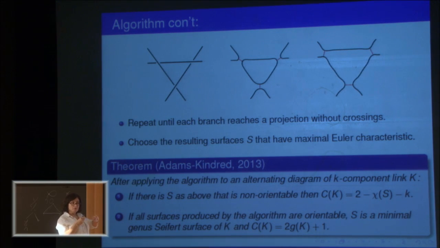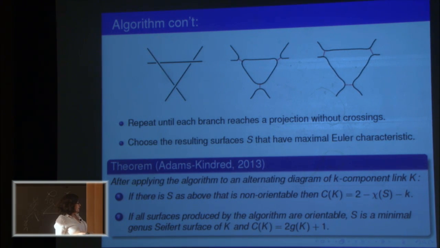All the other resolutions are going to be decreasing the Euler characteristic in ways you don't want. And so you repeat this process for all bigons, for all triangles, and so on. And in the end, you choose S that has maximal Euler characteristic.